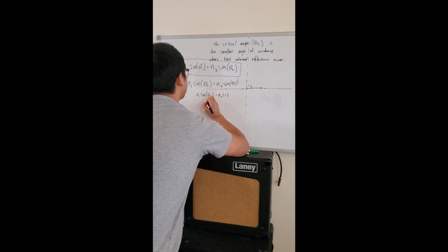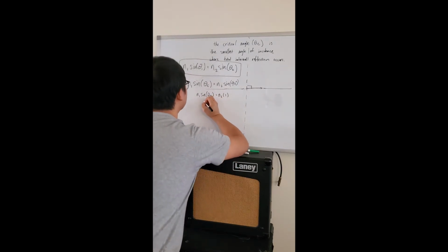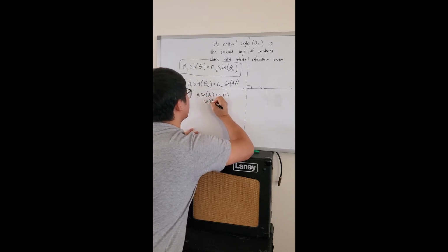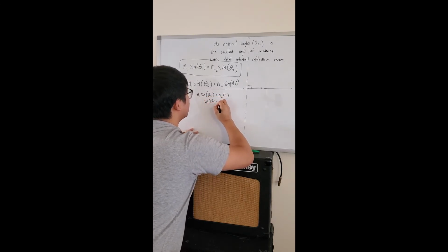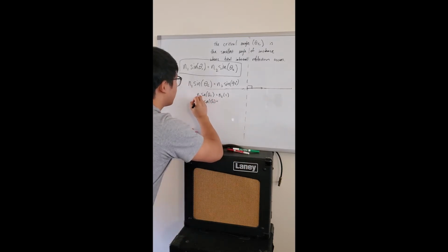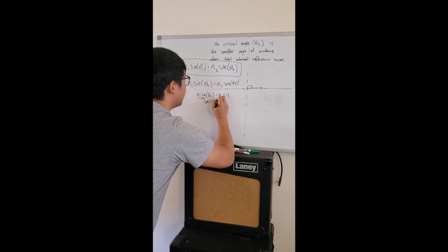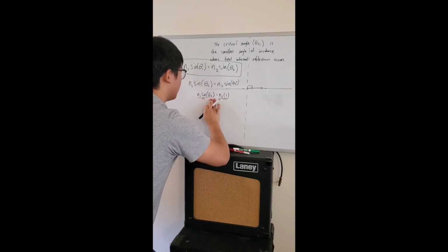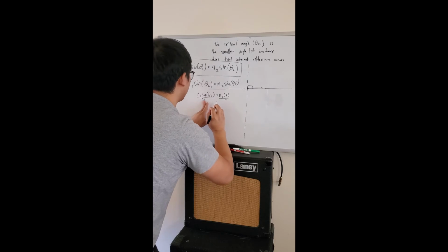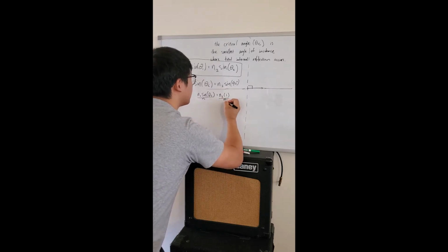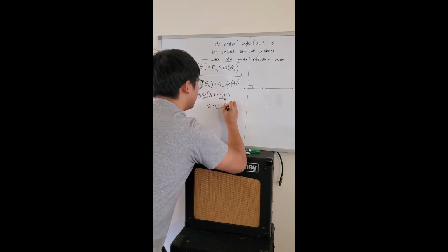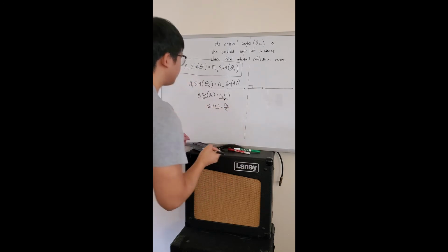If we simplify this further, we get sine of theta C is equal to, dividing both sides by n1, n2 over n1.